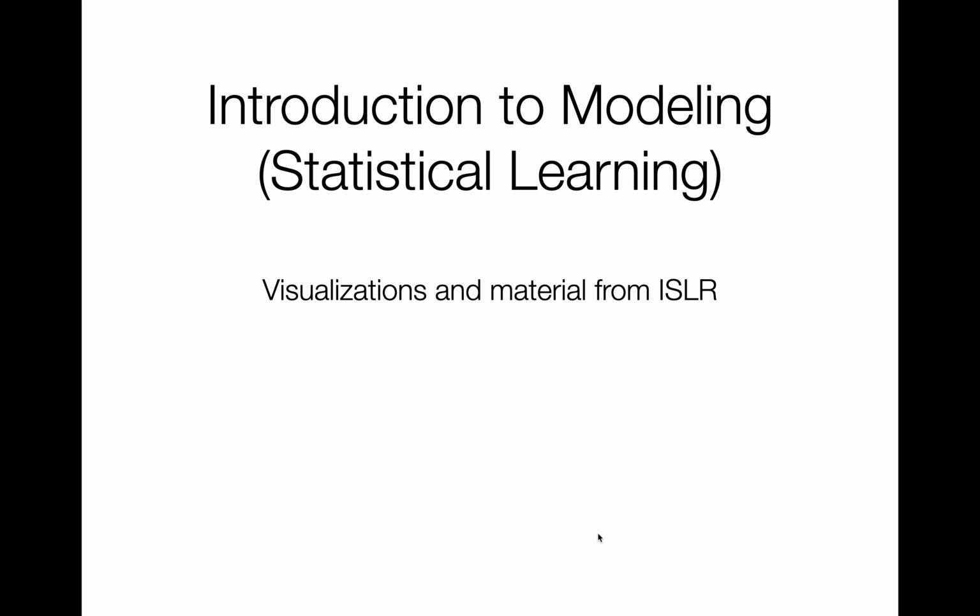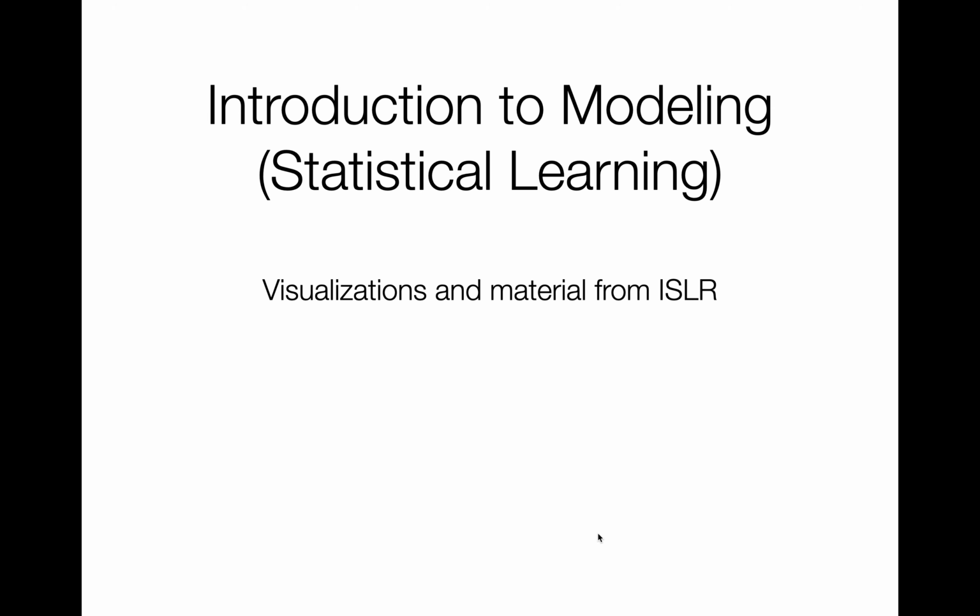Now, some of the material that we're going to talk about is going to be from our current book, R for Data Science. They do talk about modeling, but a lot of that book was about the stuff that we did at the beginning of this course, which was building up to modeling.